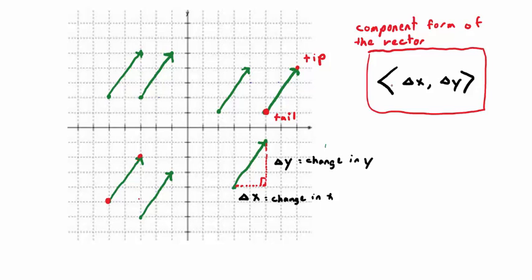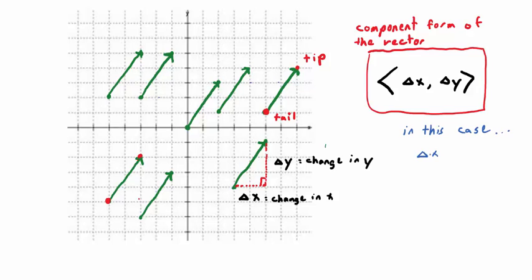However, if you plot one vector in particular where the initial point, the tail, is 0, 0, then it does turn out that the tip will be delta x, delta y. In fact, in this case, what is delta x, delta y? How do we represent the vector?